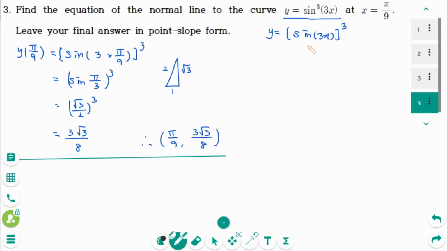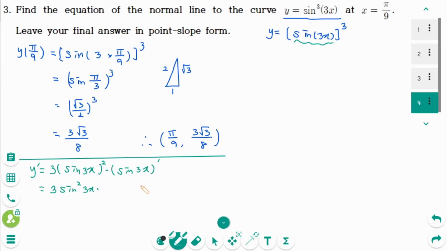Y equals sine 3x cubed. Now think of it as sine 3x equals u, then y equals u cubed, then y prime equals 3u squared times u prime. The inner function is sine 3x, so it equals 3 times sine squared 3x times sine 3x prime.